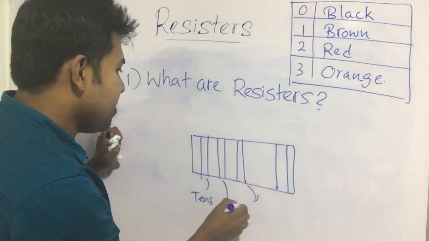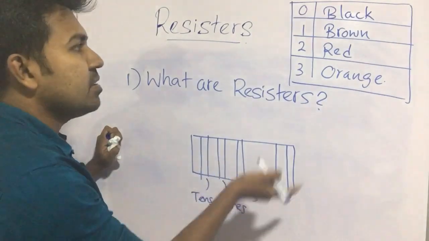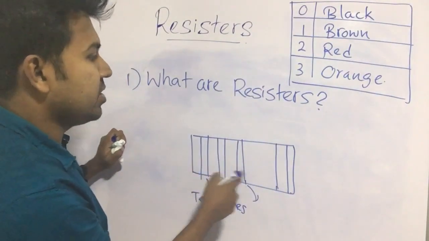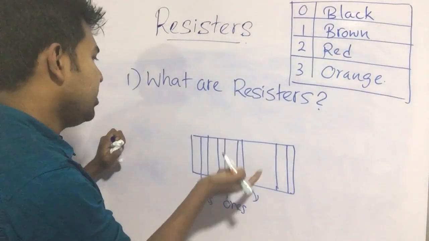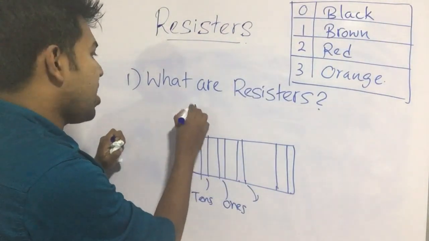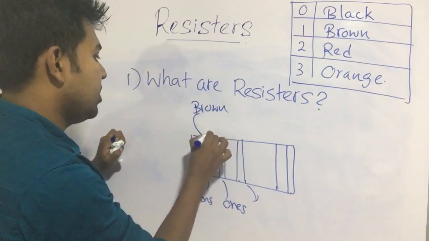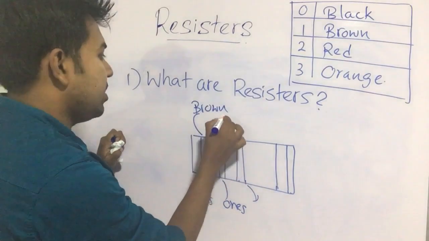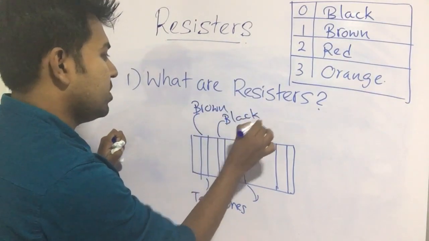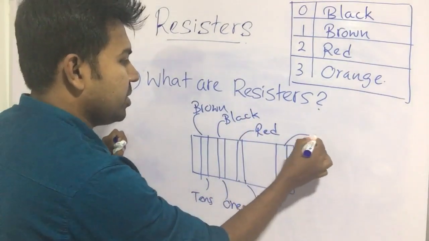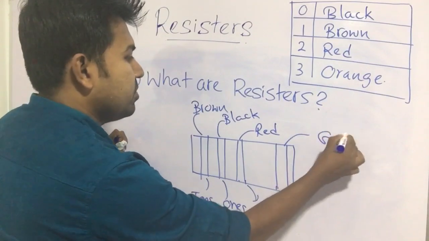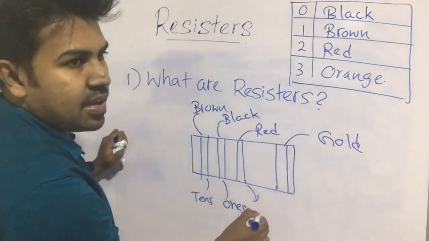We will see how to find the answer for a specific question related to this example. I will put this as brown, this as black, this as red, and this will be gold. This is called the tolerance line.